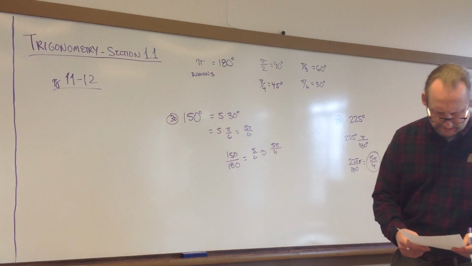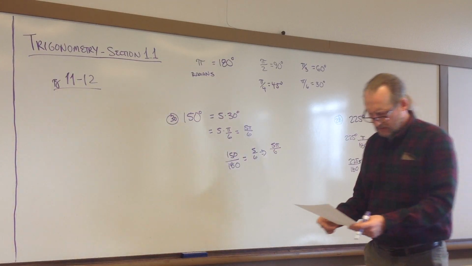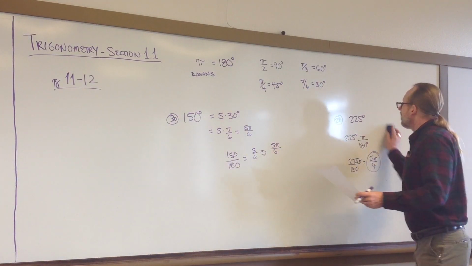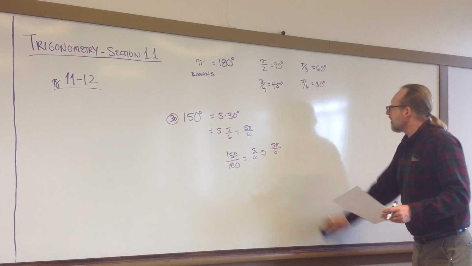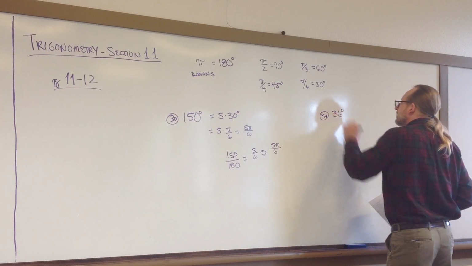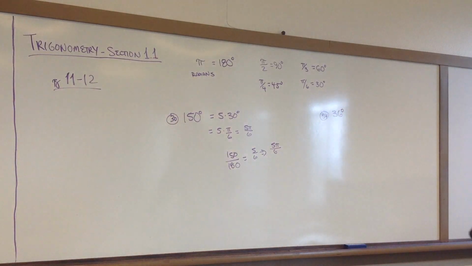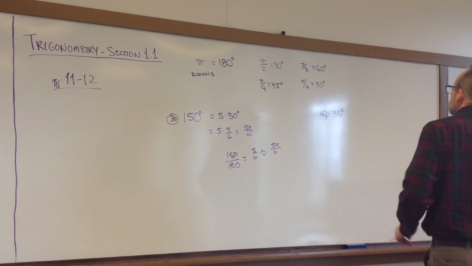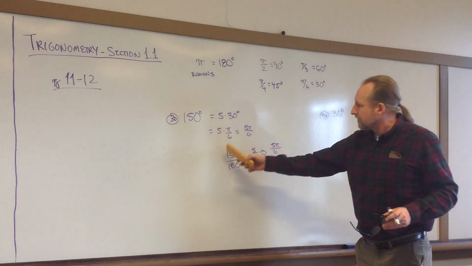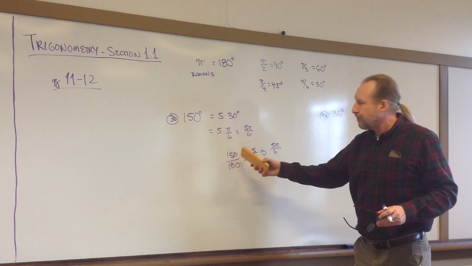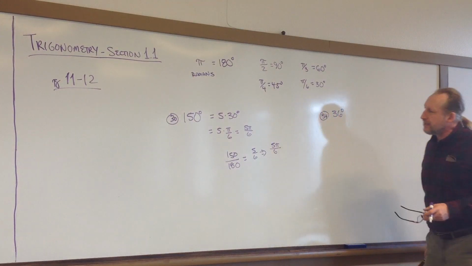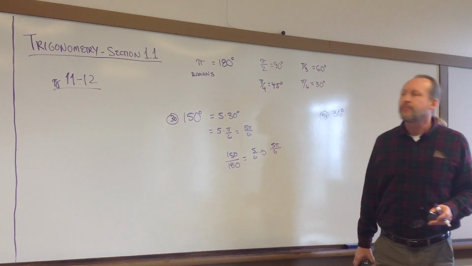Okay, let's see here. What else? Well, let's look at problem 34. 36 degrees. So with the calculator, I think it's helpful to leave the pi out, because if you put pi into the calculator, it's going to calculate it, and it won't just express it as a multiple of pi.